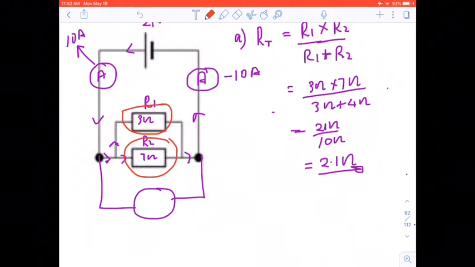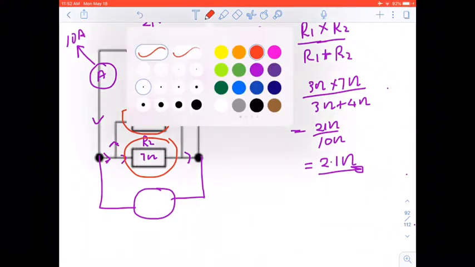But we do know, using the law of conservation of charge, that the current in R1 and R2, when they add up, should give us 10 amps.